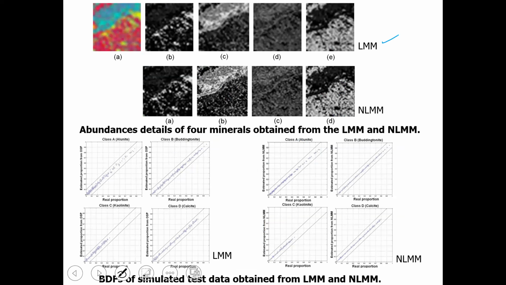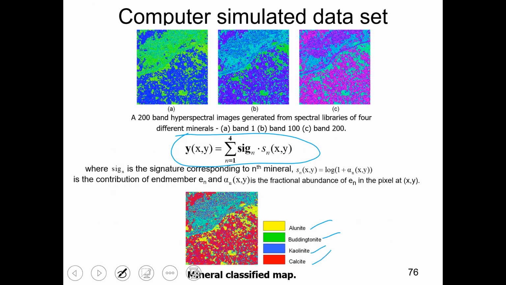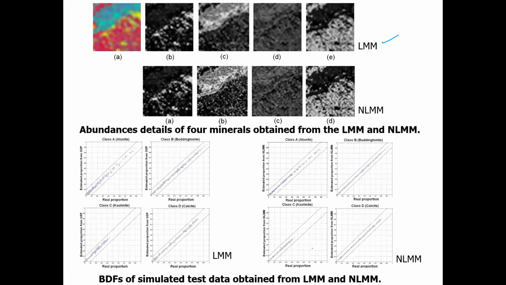Now we see that here we had 4 minerals, and corresponding to each mineral, we have one output, namely BCDE for the linear mixture model case, and ABCD at the bottom for the non-linear mixture model case. Each output ranges from 0 to 1, and the proportion of a class is shown in decimals, which can be represented in percentage. If we add A, B, C, D, or in the bottom figure all 4 outputs, the sum should be equal to 1.